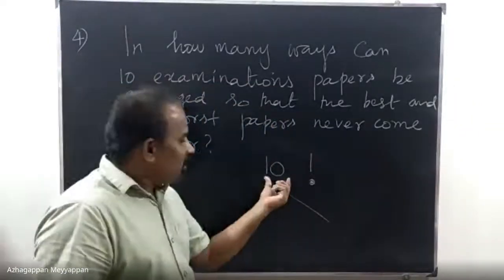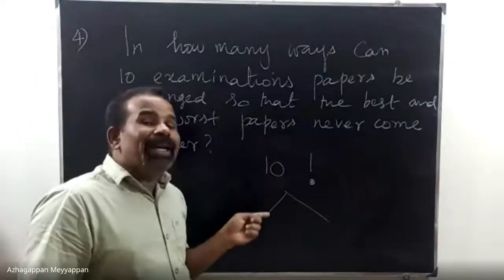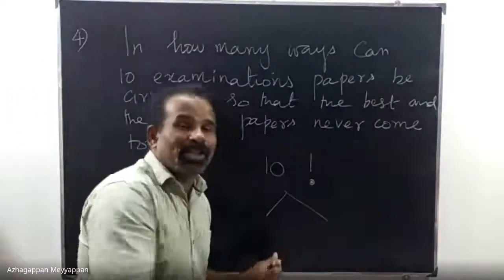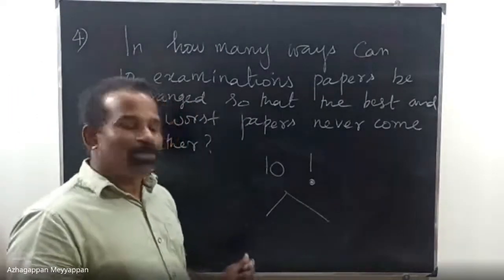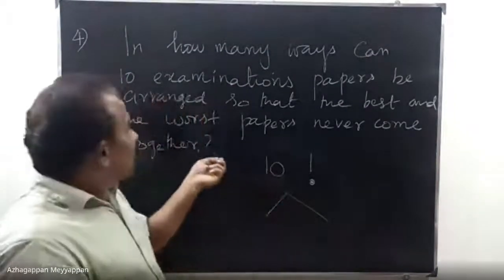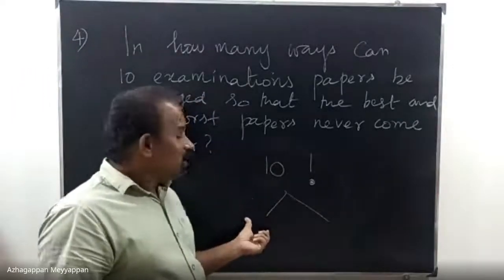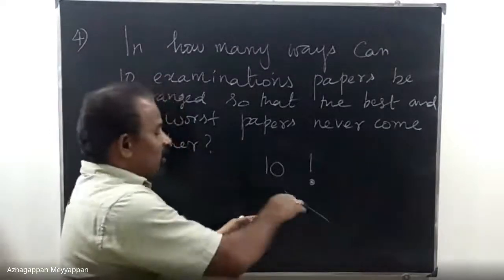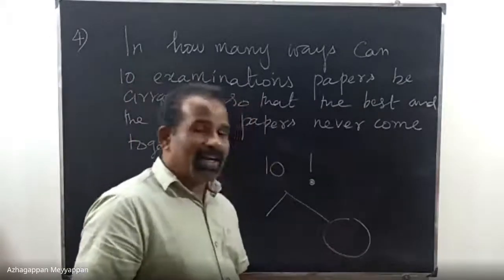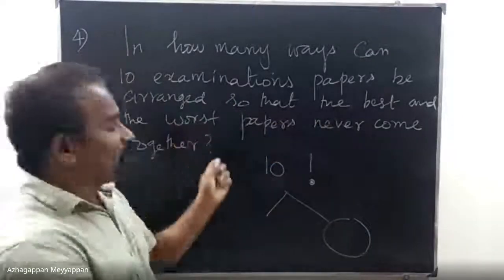Suppose we know how many arrangements there are in which the worst and best papers come together. Then definitely a certain number of arrangements will not have the best and worst papers come together.